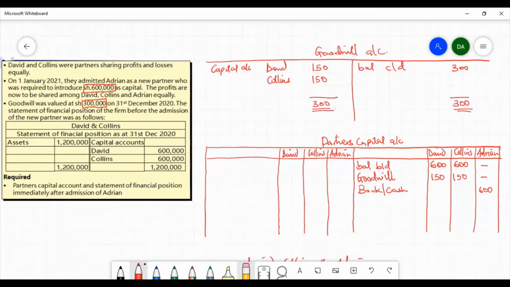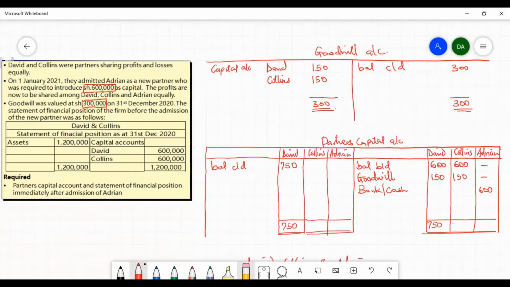The capital account is also balanced off. In balancing off the capital account, we have balance carried down. The balance carried down for David is the total for David, which is equal to 750,000.